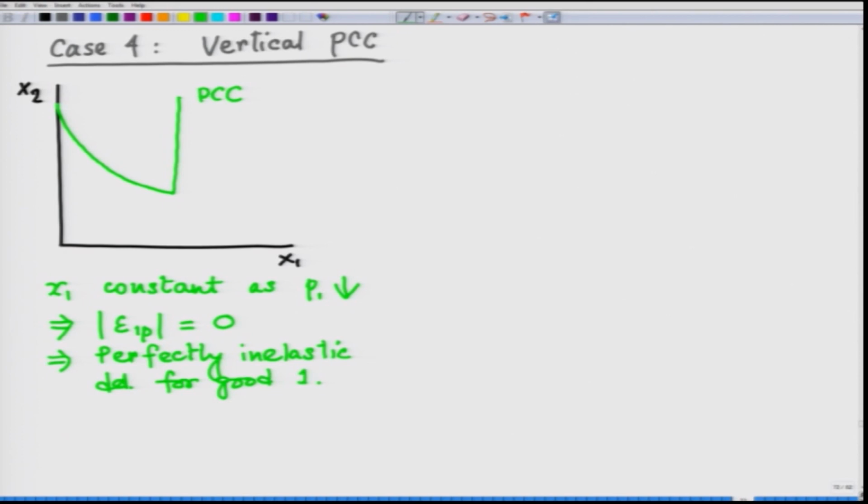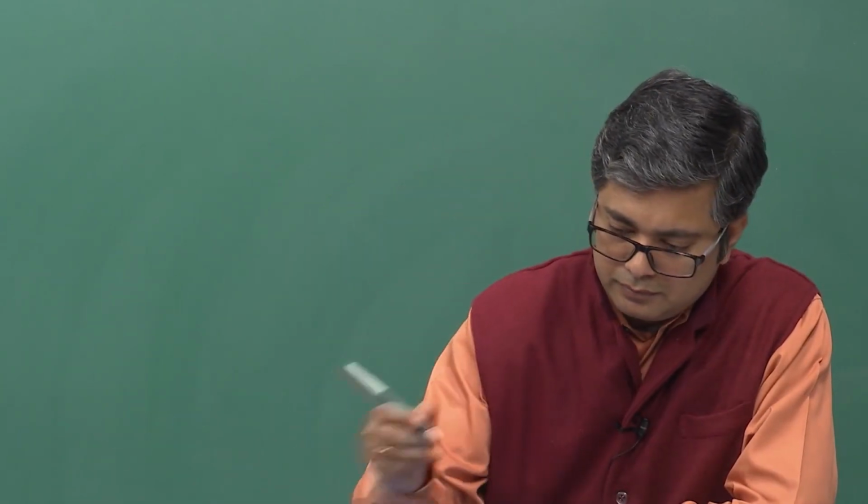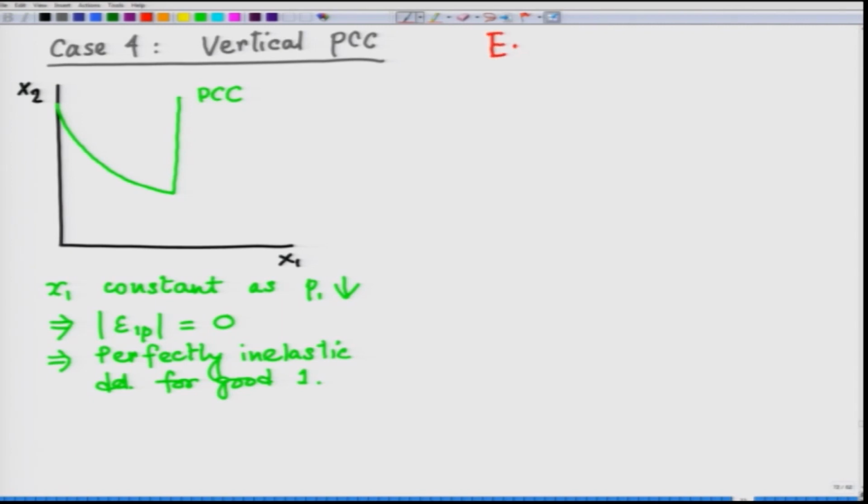So, now as we have seen 4 different shapes depending upon the values of own price elasticities, let us also find some examples of commodities which fit well with these different cases. So, we are basically listing down some goods for which we can expect various values of own price elasticity.